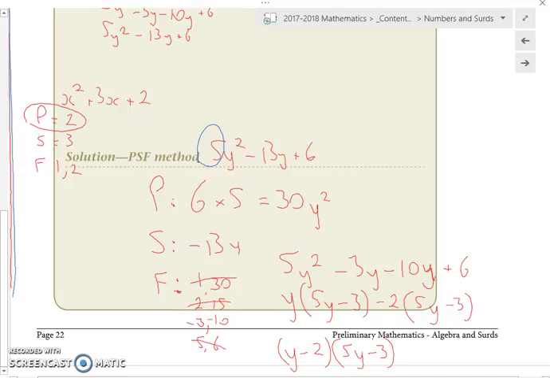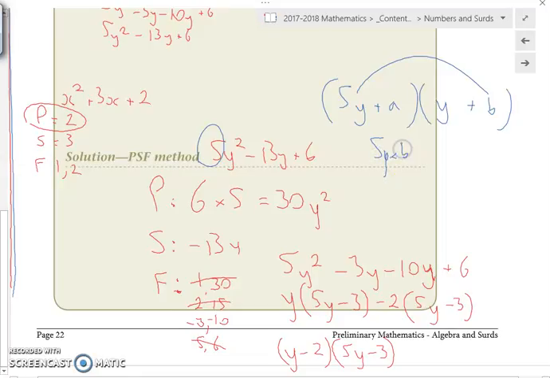You think about when we put it into brackets, we're going to have something that looks like A, B. I don't know what they are. But when we do FOIL, you're going to have 5 times, or 5y times B. Does that make sense? And then you're going to have, so you're multiplying it by that number out the front as well, that non-monic number, the coefficient of the y squared or the x squared.